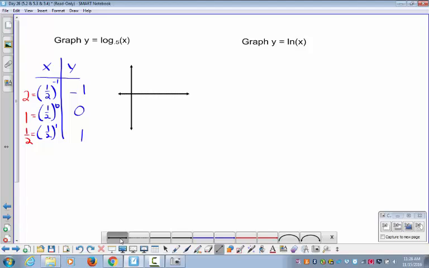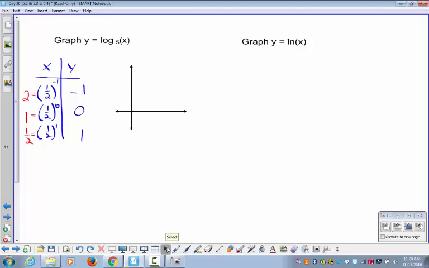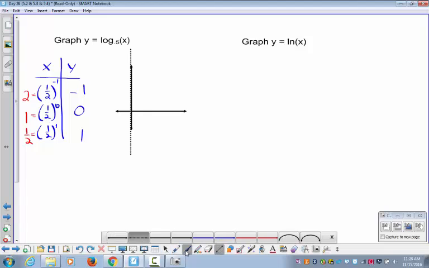And we're going to notice that it's not quite the same as the last one because that base is less than 1. So we're going to get 2, negative 1, still 1, 0. So on the exponentials, it's 0, 1. That's on all the basic exponentials. And on the basic logs, it's 1, 0. And then 1/2, 1.